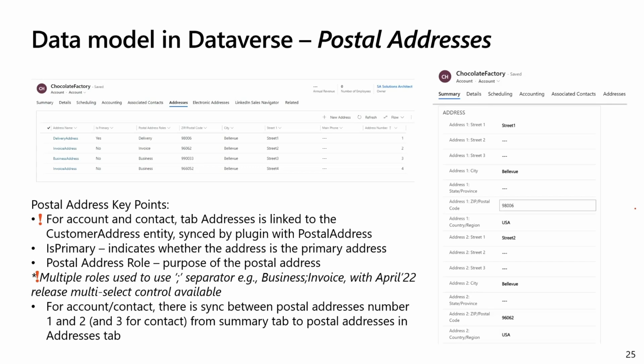These will have the default purpose, delivery, and invoice. For the contact entity, addresses 1, 2, and 3 from the summary tab upon creation will correspond to a set of 3 addresses created as well, with the default purposes being business, invoice, and delivery. The synchronization between these addresses will be based on the address number.